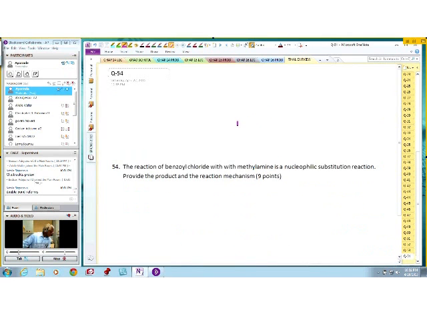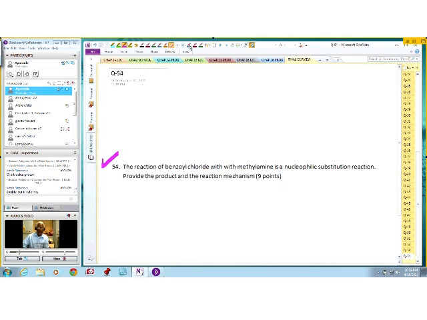Okay, let us see here. Natalia, go ahead and read this for us. The reaction of benzoyl chloride with methylamine is a nucleophilic substitution reaction. Provide the product and the reaction mechanism. Okay, very good. Actually, we did this, I believe, in exam number 4.